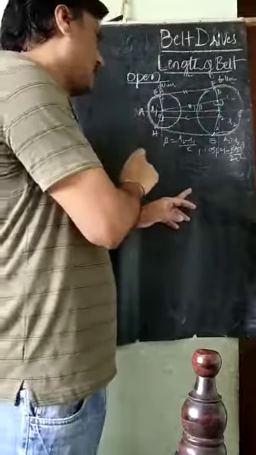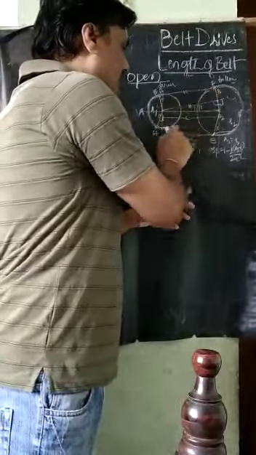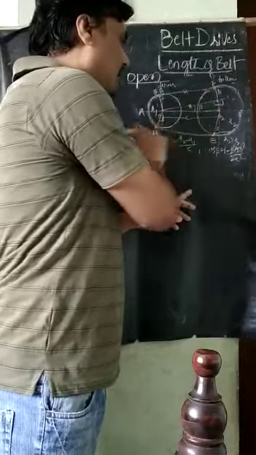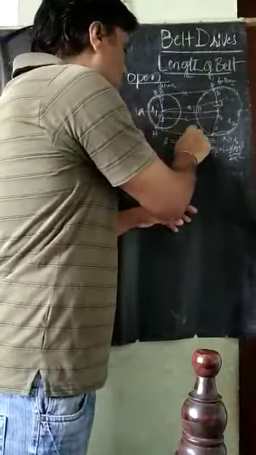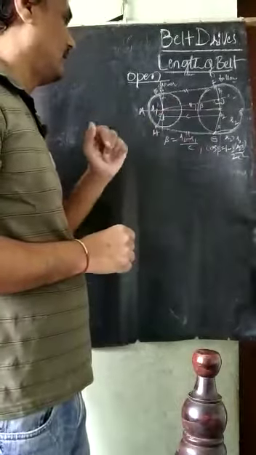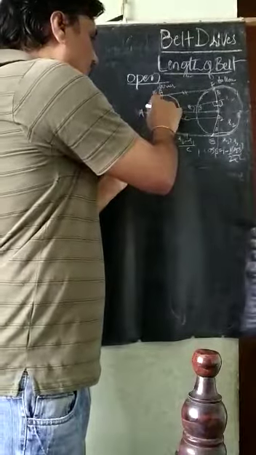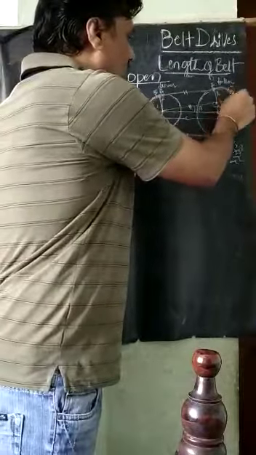There are two arcs, one arc on the driver and one arc on the follower, and two straight lengths, EF and GH. But EF is equal to GH, both are the same. And this arc AE is equal to this half arc.